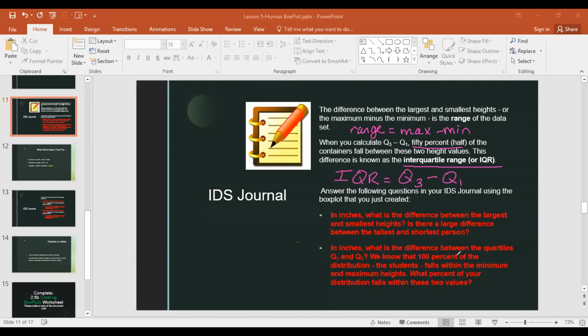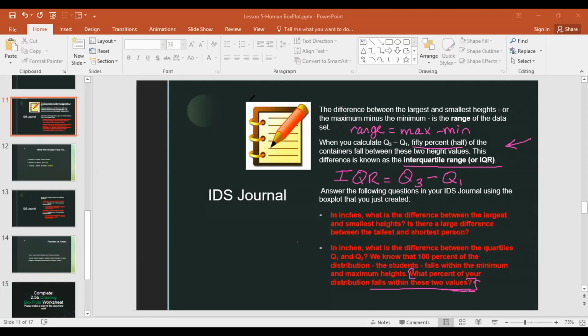We know that 100% of our distribution, the students, falls within the minimum and the maximum heights. But what percent of your distribution falls within these two values? This question is kind of already answered for you in this bit, but I just want you to summarize it there in your journal.